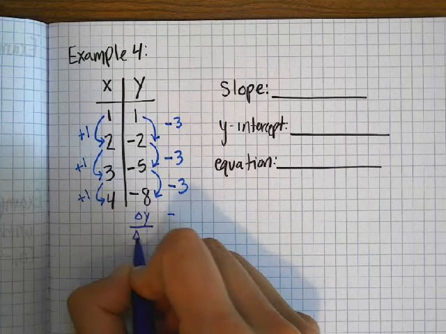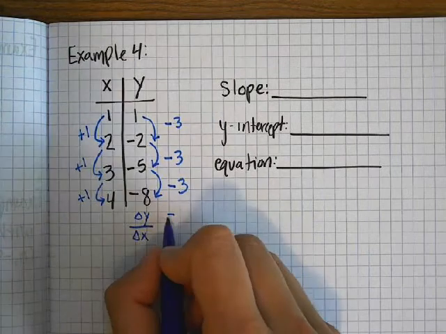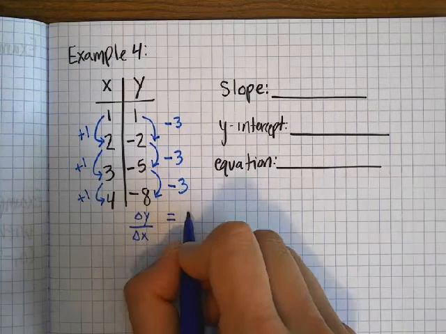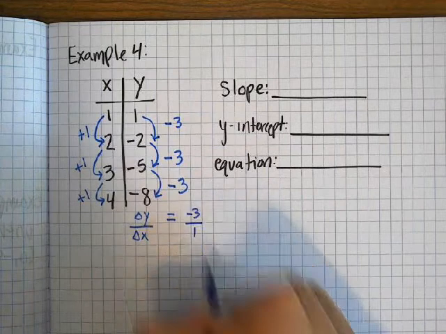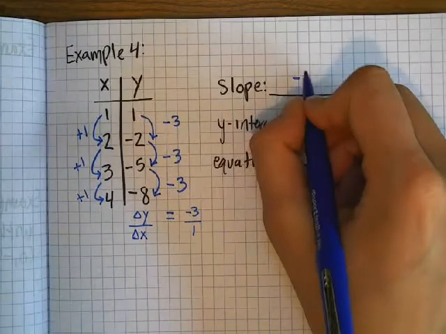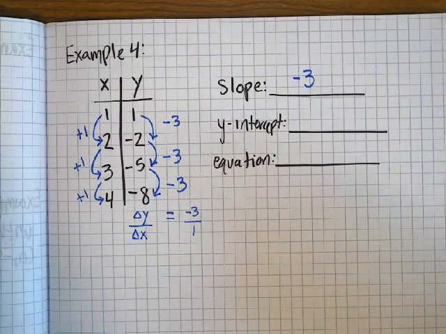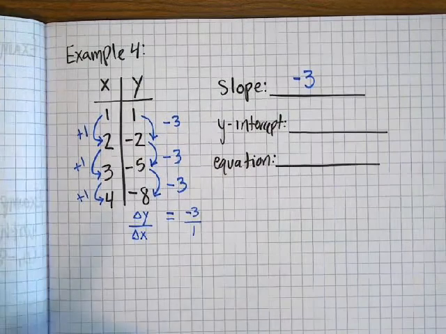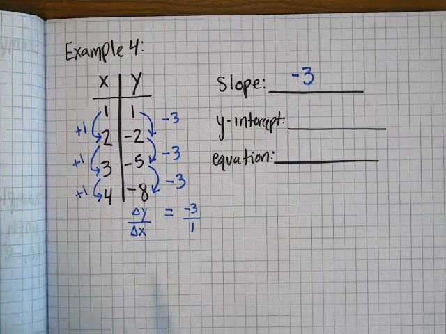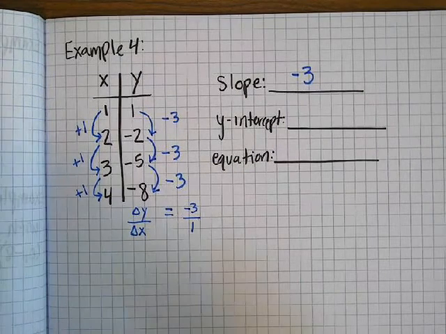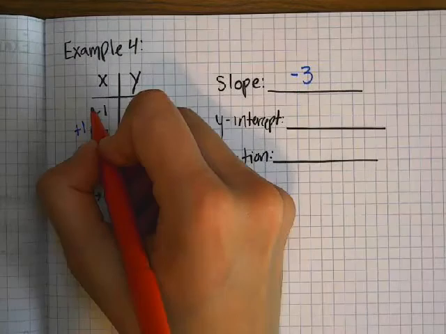So here our slope is, remember, change in y over change in x. So that would be equal to -3 over +1, which simplifies to just -3. Okay, now our y-intercept is when our x value is 0.